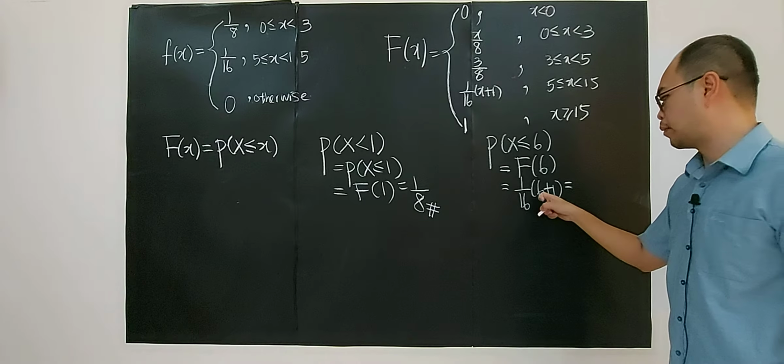Alright, very simple. I will give you more examples. What if the question asks you to find the probability of X greater than 2? You cannot use the cumulative distribution directly, but you must modify it first.